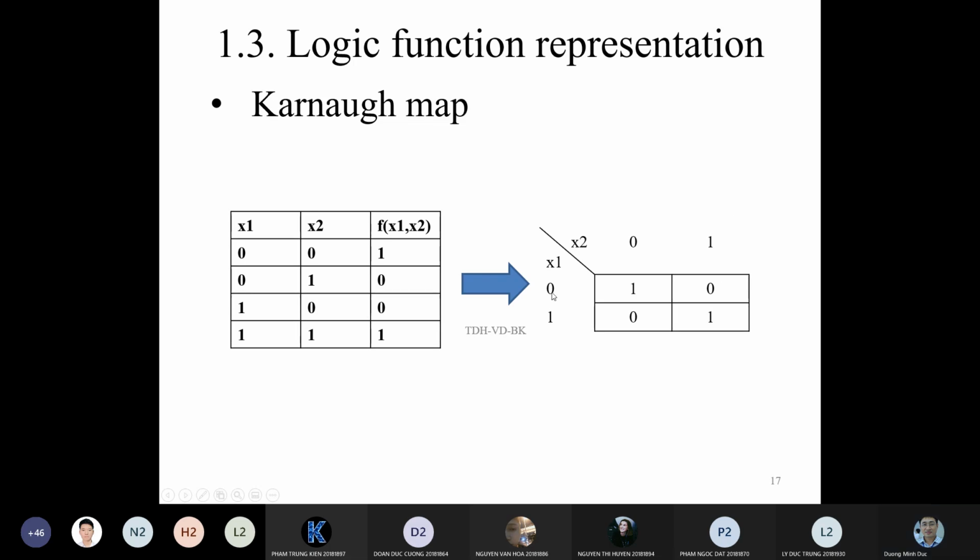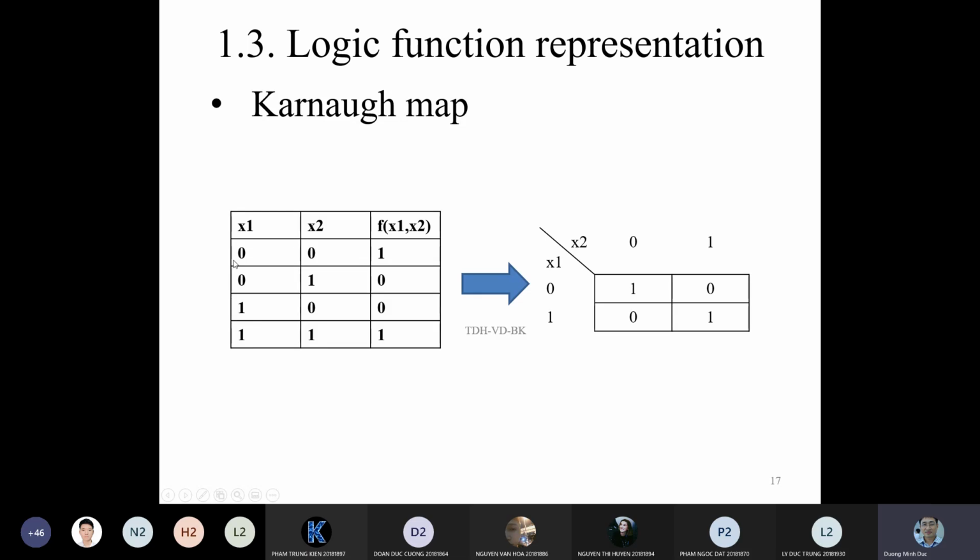And each combination of the inputs x1, x2 corresponds to one block here. And we write down the value of the function into these blocks.